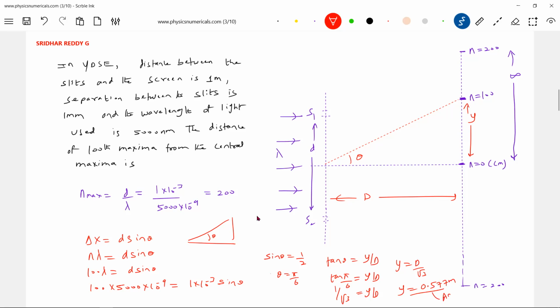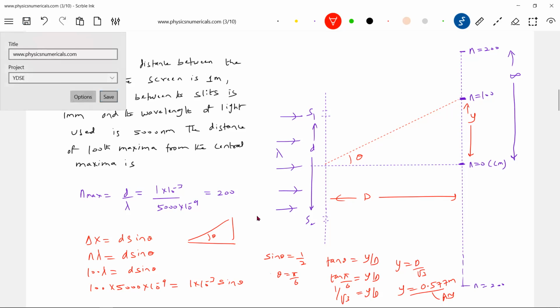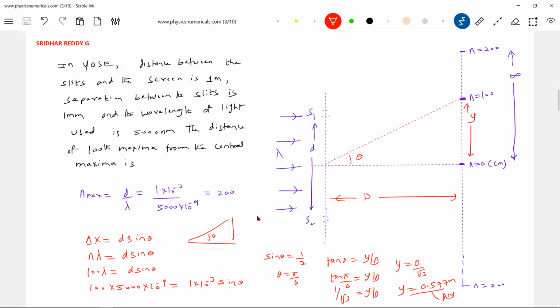This will be our answer. This will be the location of the 100th maxima. Simple idea where the student has to really go back to the small basics of the YDSE. Similarly, the 100th maxima will be here because the pattern will be symmetric about the axis.